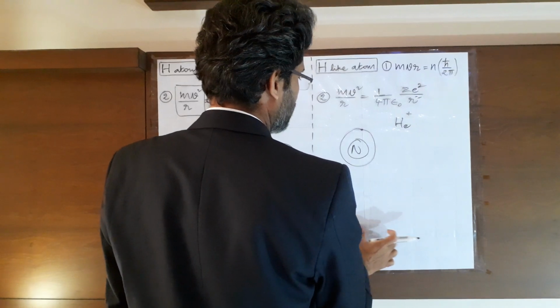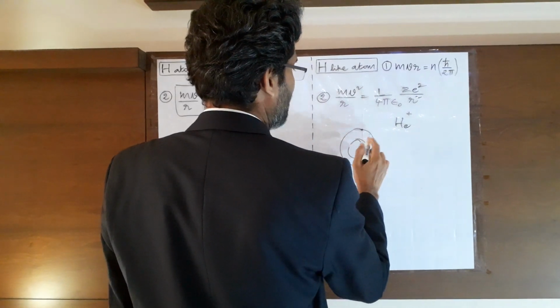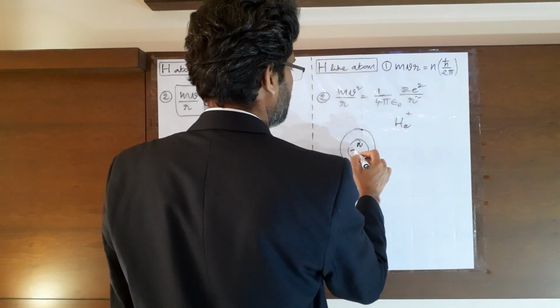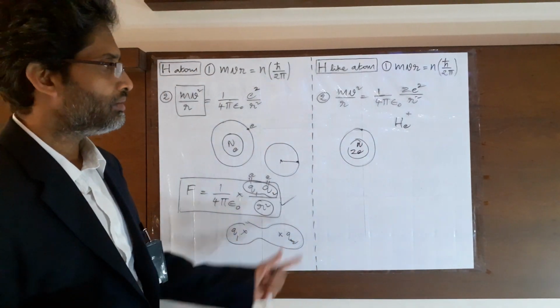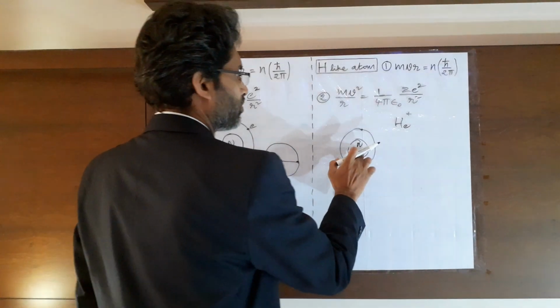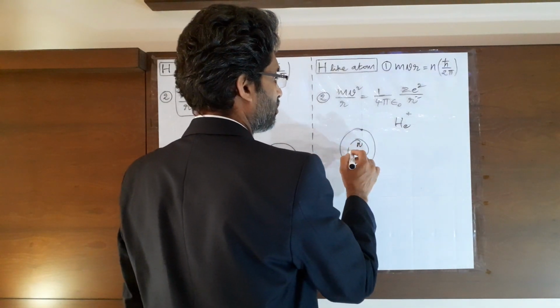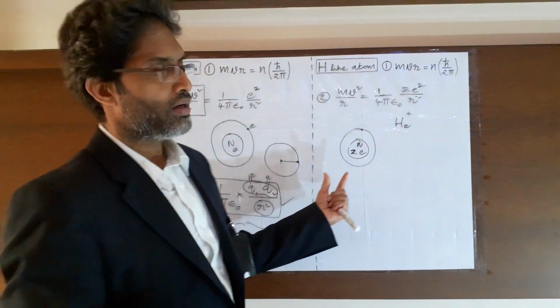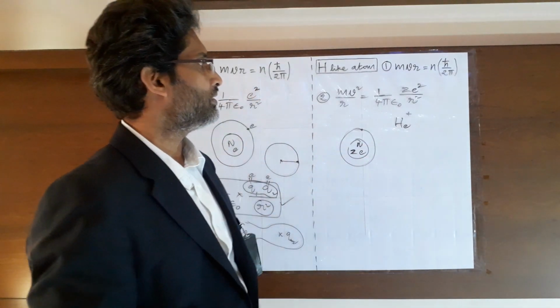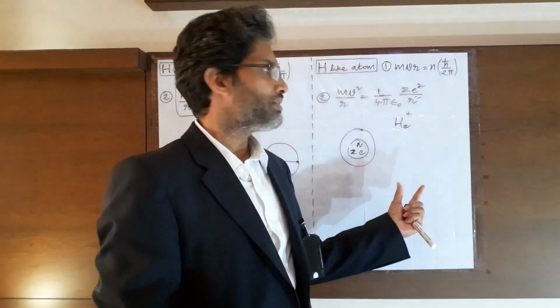In the case of a hydrogen-like atom, the nucleus has Ze charge because the nucleus has Z protons, and each proton has e charge, so the total charge is Ze. If it is helium, 2e; if it is lithium, 3e, like that.